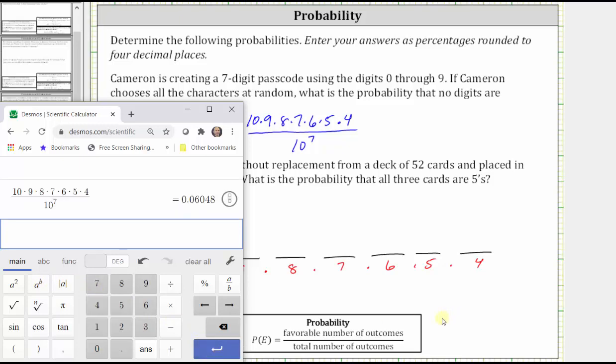To convert the decimal to a percent, we multiply by 100 and add a percent sign. Which gives us 6.048%. We were told to round to 4 decimal places, but here we have the exact percentage in 3 decimal places.